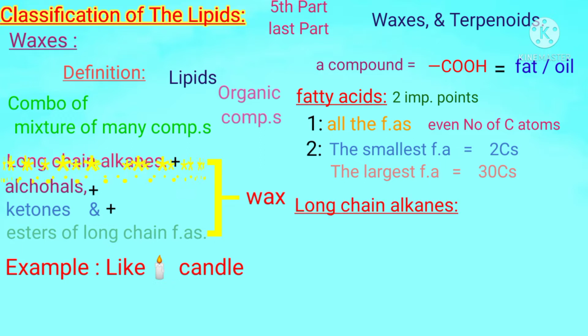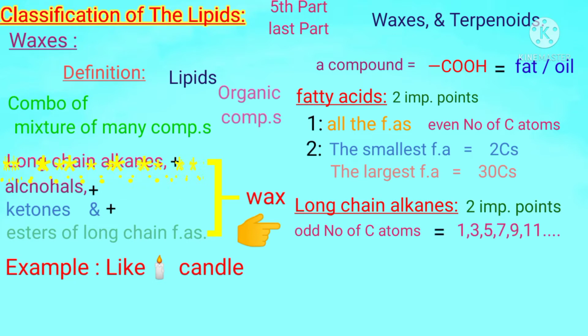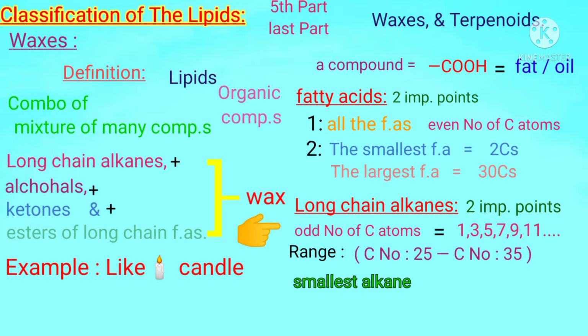Likewise, students, the alkanes present in the waxes have two points. What are these? All the alkanes of the waxes contain an odd number of carbon atoms, like 1, 3, 5, 7, 9, 11. And the range of carbon atoms in the alkanes is from carbon number 25 to carbon number 35. The smallest alkane present in the waxes has 25 carbons and the largest has 35.